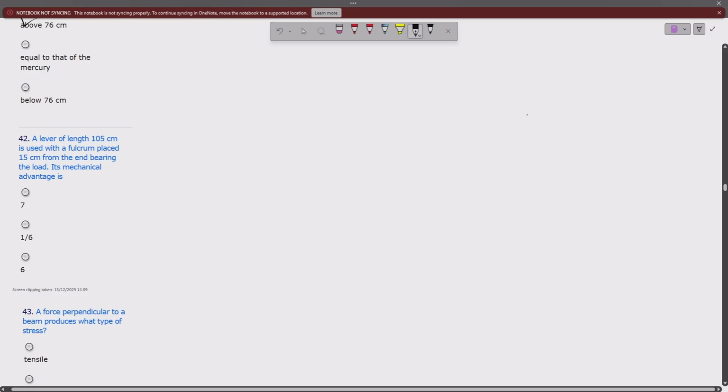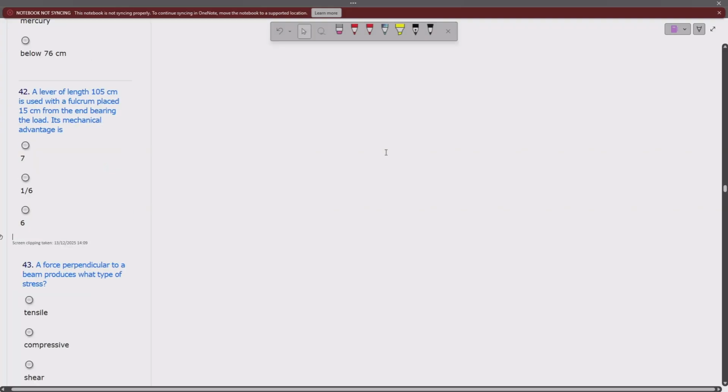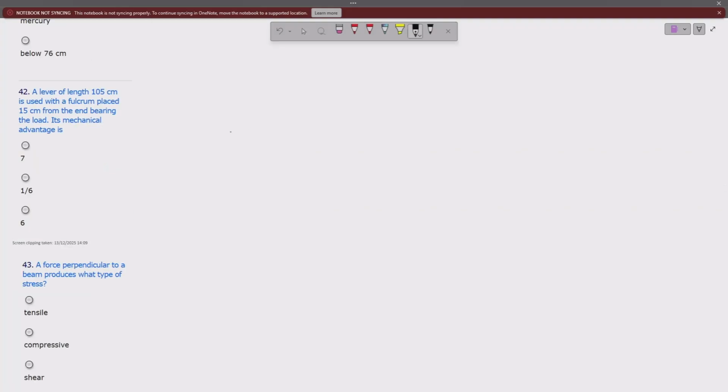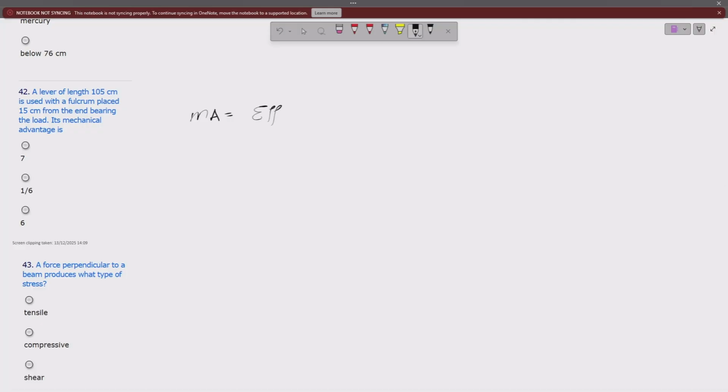A lever of length 105 centimeters is used with a fulcrum placed 15 centimeters from the end bearing the load. Its mechanical advantage is, so we have mechanical advantage MA equals effort arm over load arm.